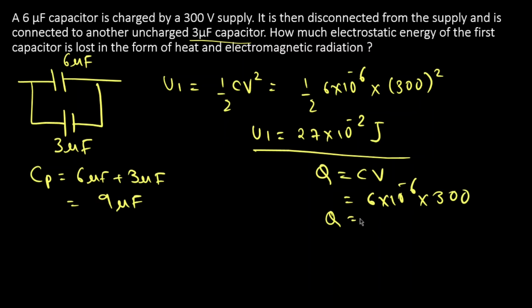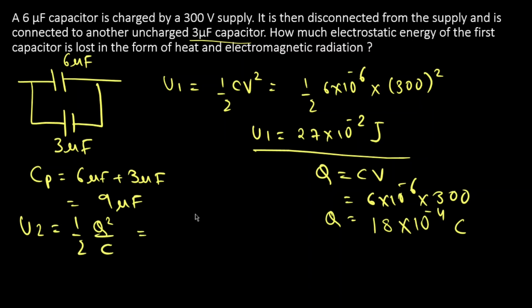So Q we get as 18 into 10 raised to minus 4 coulomb. Now we know that the total charge in the capacitor will remain the same.